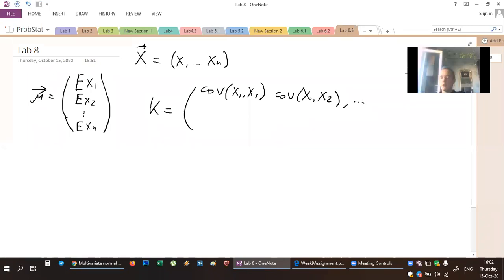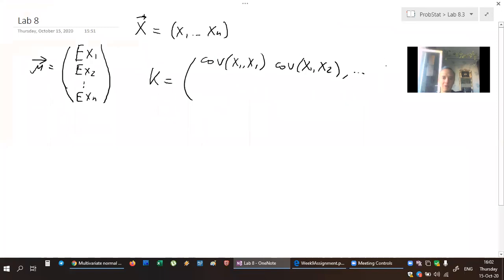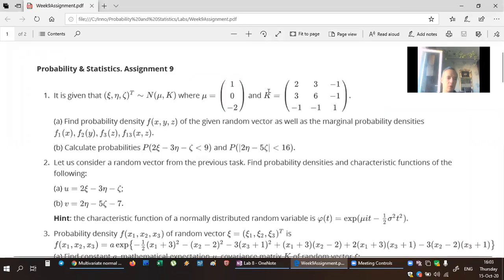And so on. Everybody knows what a covariance matrix looks like. Okay, in our task, we have a 3-dimensional random vector, and we need to find the probability density functions for each component and for a random vector which consists of 2 components, the first and third of the initial random vector.